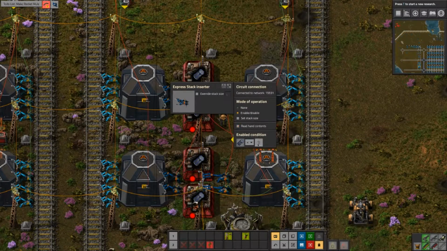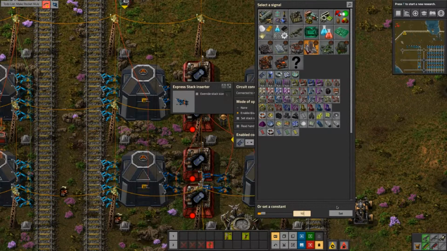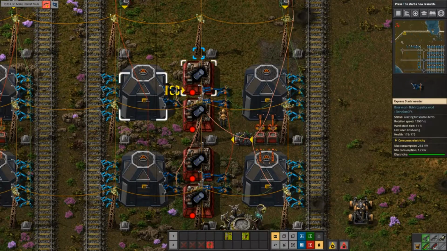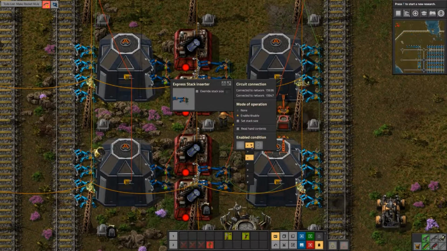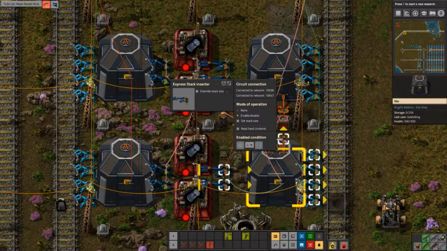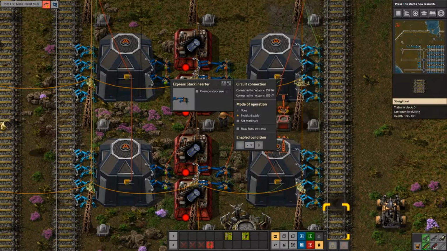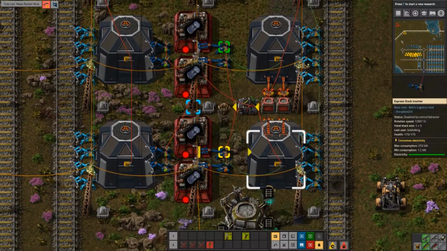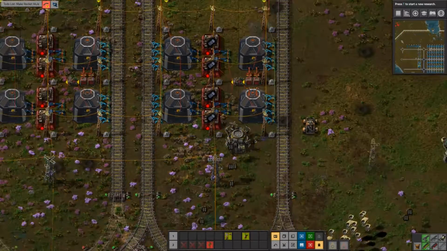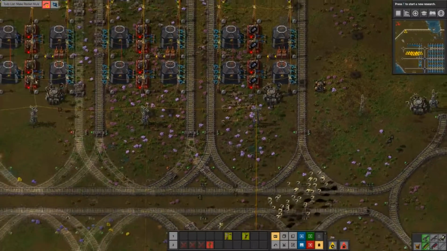I want to have, say, 10,000 rocket boosters in the system. And you balance out less than 1 rocket boost. There we go. Station complete.